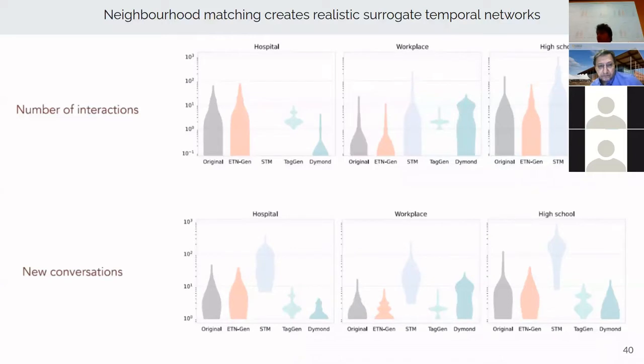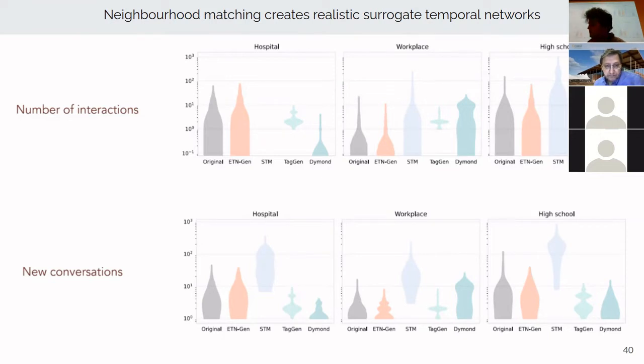For instance, here we have the number of interactions, again one for each of the three datasets I'm using. The first one is the original, the violin plot of the distribution of the number of interactions. Again, this is our algorithm, and then we have competitors. This is just a visualization of the similarity.